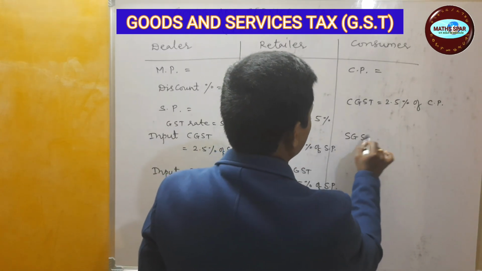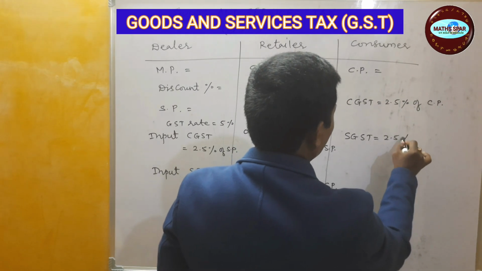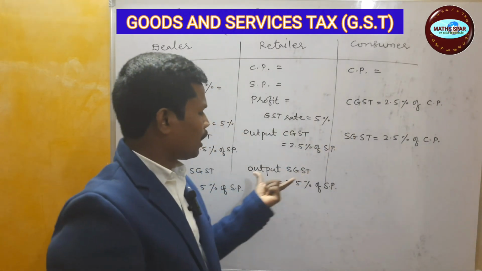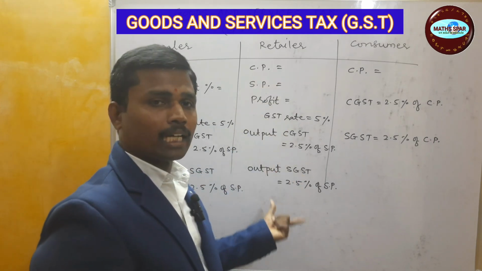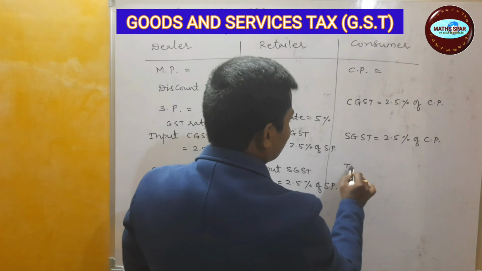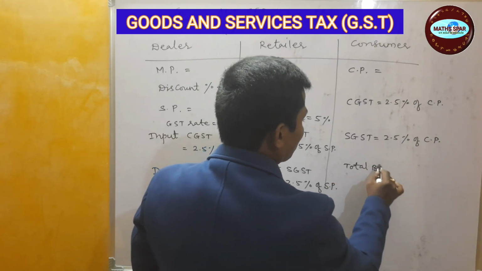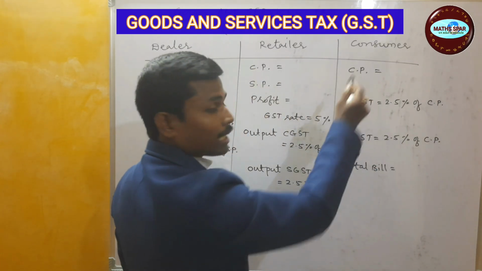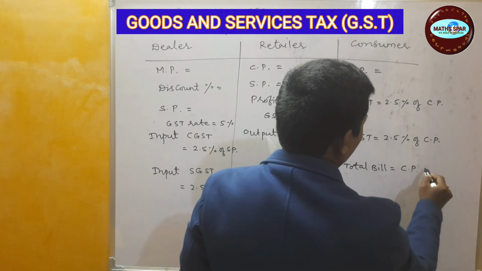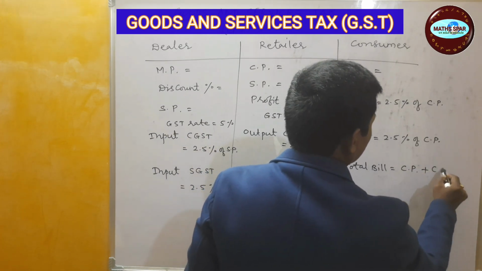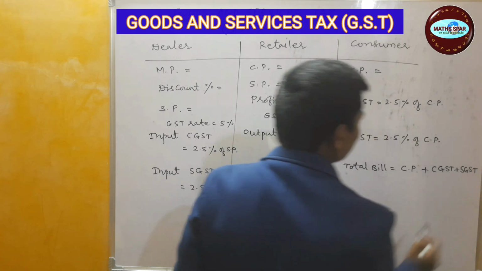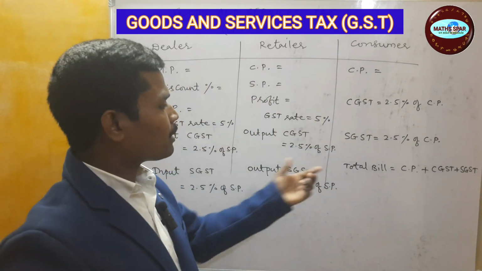Then SGST is 2.5% of CP, that is nothing but output SGST in the retailer column. Then the total bill that will be paid by the consumer is CP for him plus CGST plus SGST. That will become total bill.